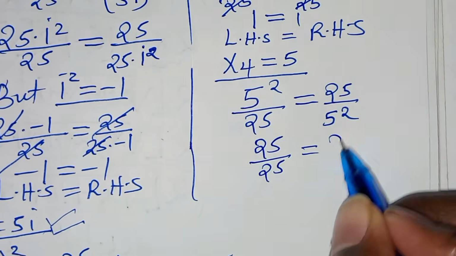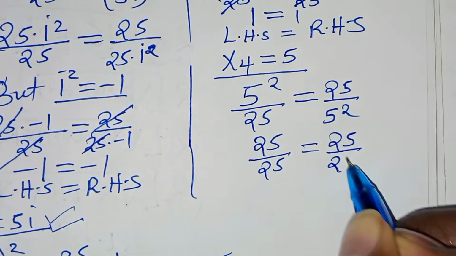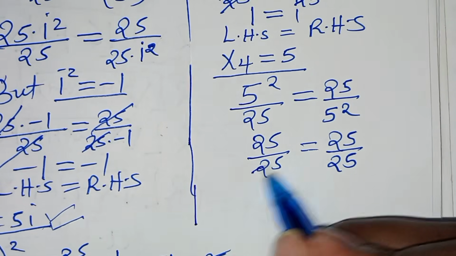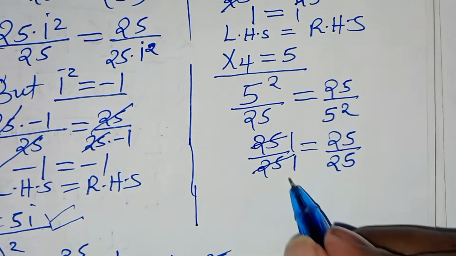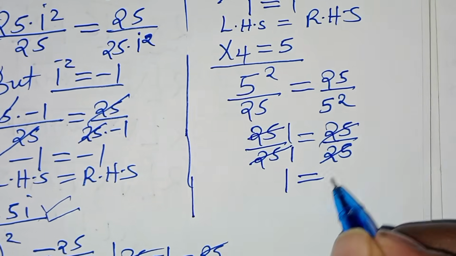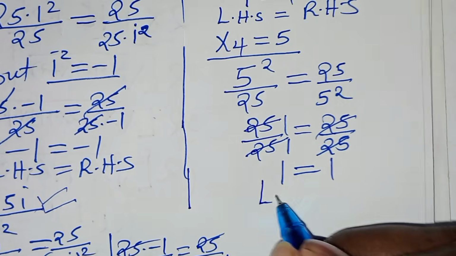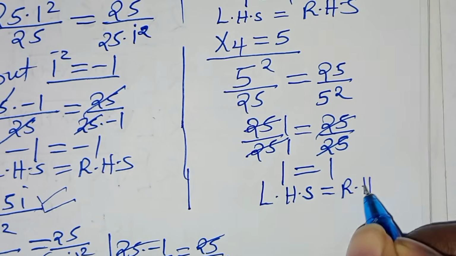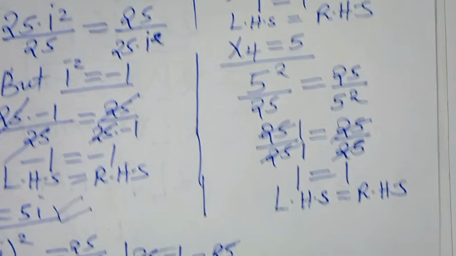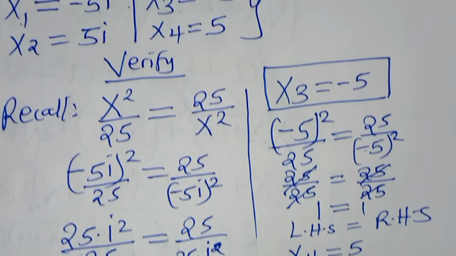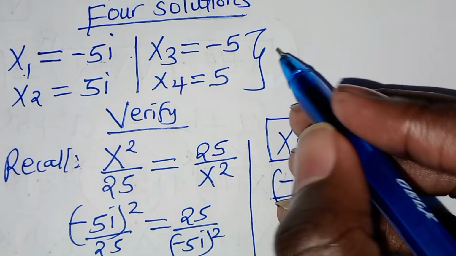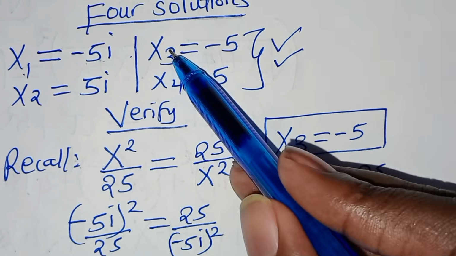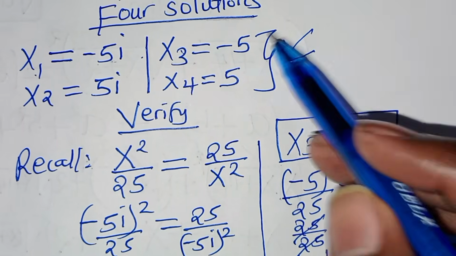Simplifying, we have that 1 is equal to 1. So the left hand side is equal to the right hand side. Therefore, the four solutions x1, x2, x3, and x4 satisfy the equation.